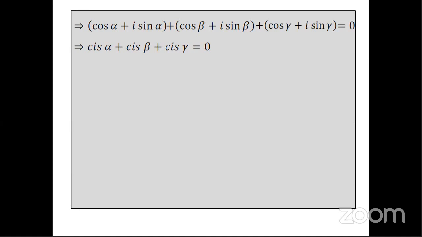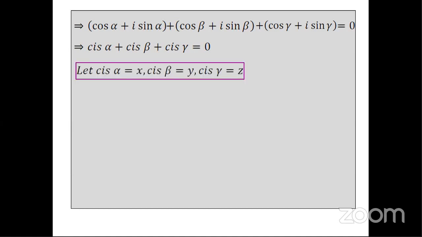Now for our convenience, we will substitute cis alpha as x, cis beta as y, and cis gamma as z. Now clearly, the statement we have here can be taken as x plus y plus z is equal to 0.